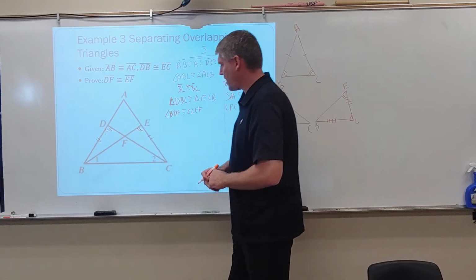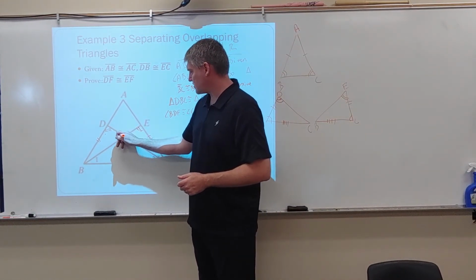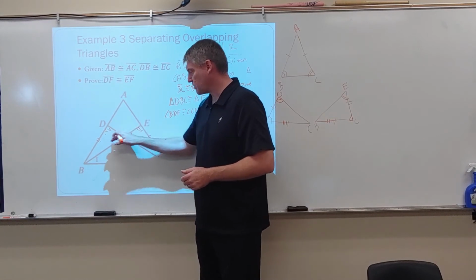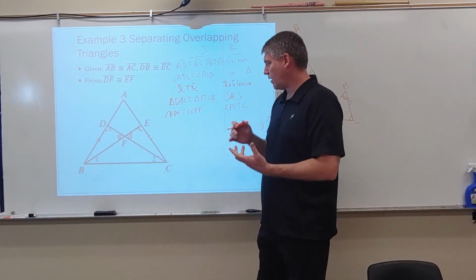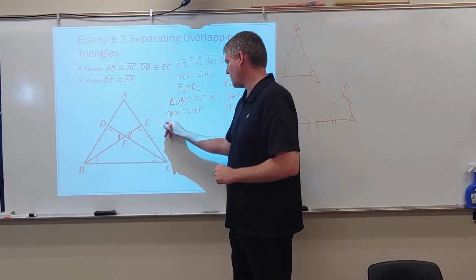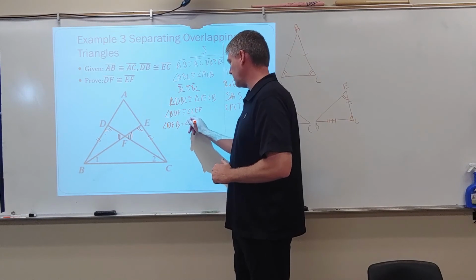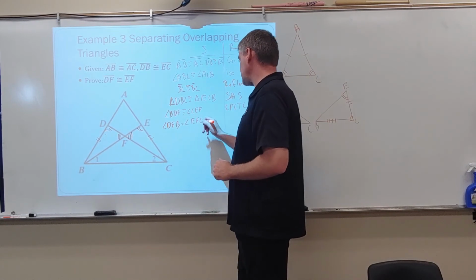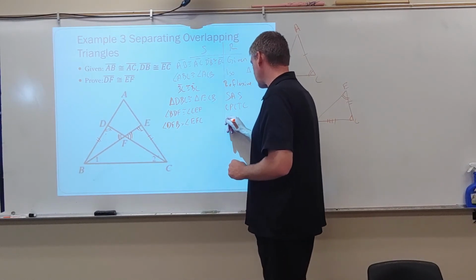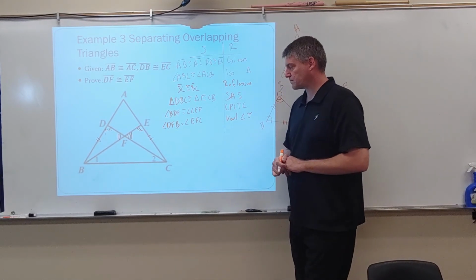Do I have anything else? Well, I notice here that I actually have these two angles here. Why are those two angles congruent? Well, those are vertical angles. So angle DFB is congruent to angle EFC because of vertical angles. Vertical angles are congruent.